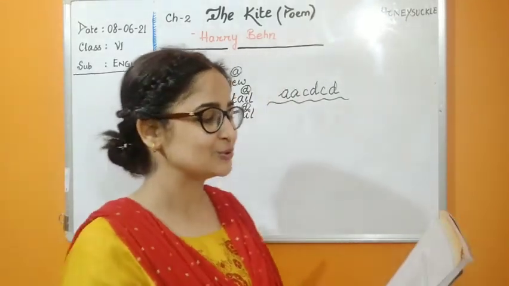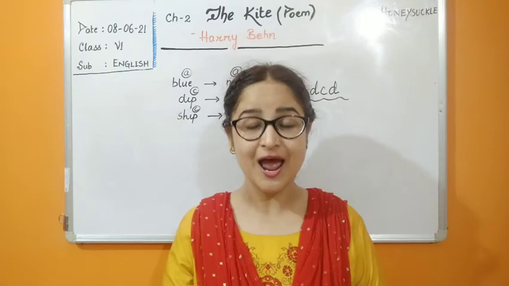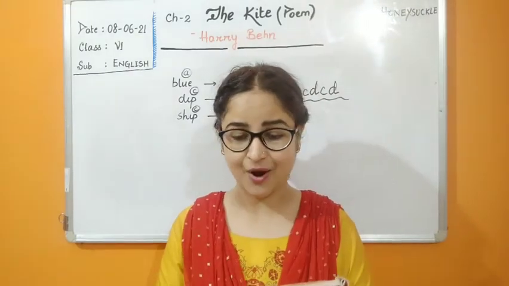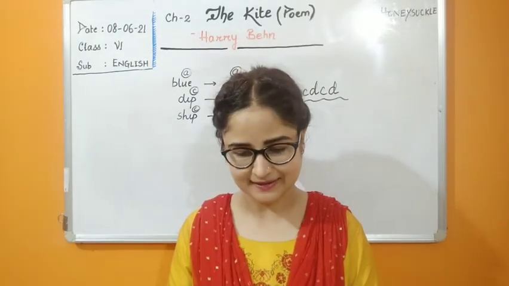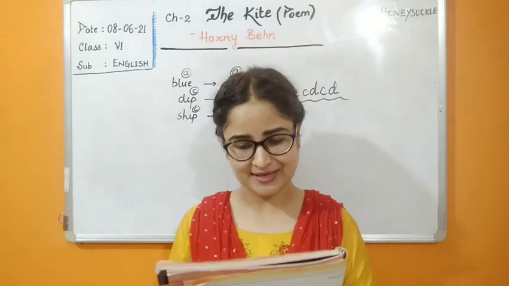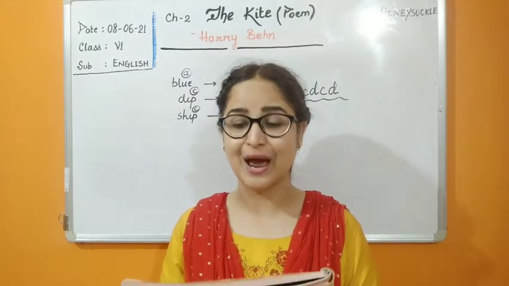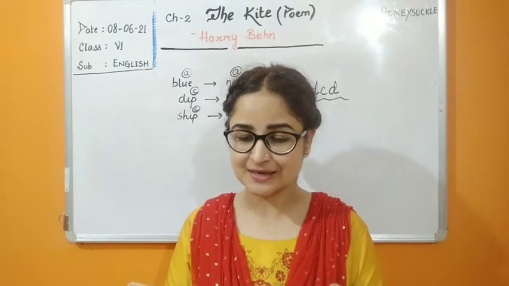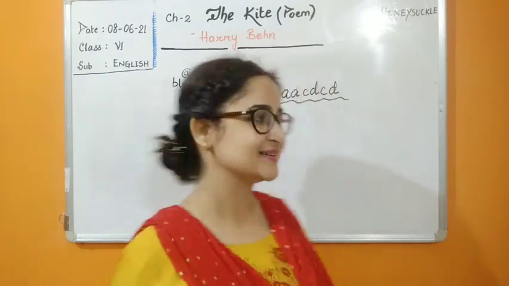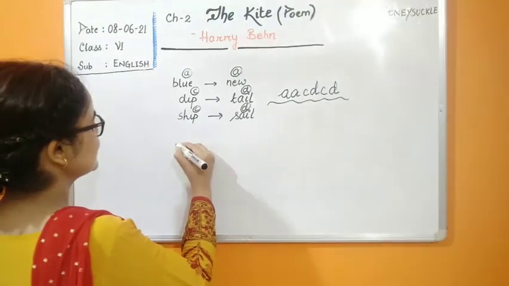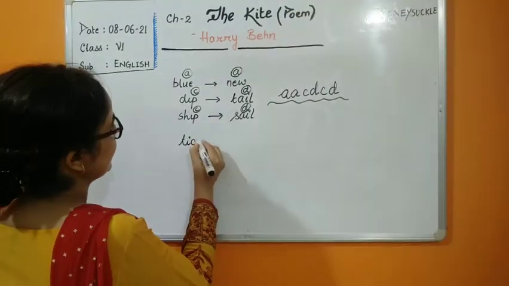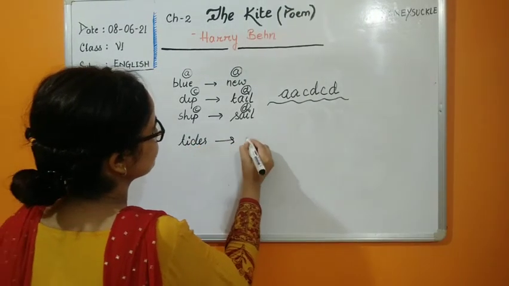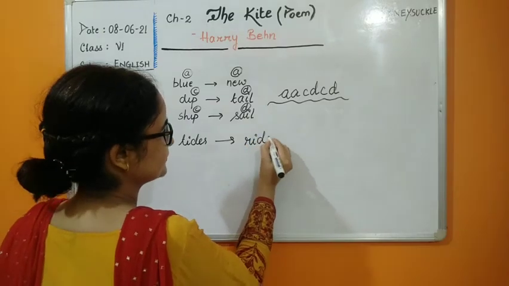The next 6 lines are: as over tides of wind it rides, climb to the crest of a gust and pulls, then seems to rest as wind falls. So tides and rides are again rhyming.